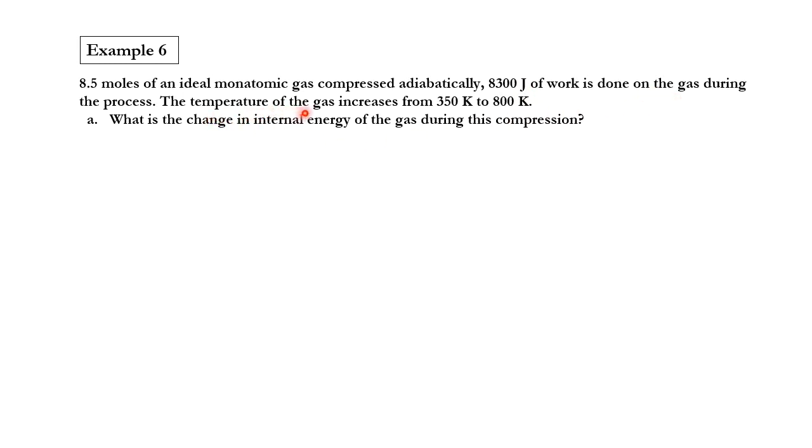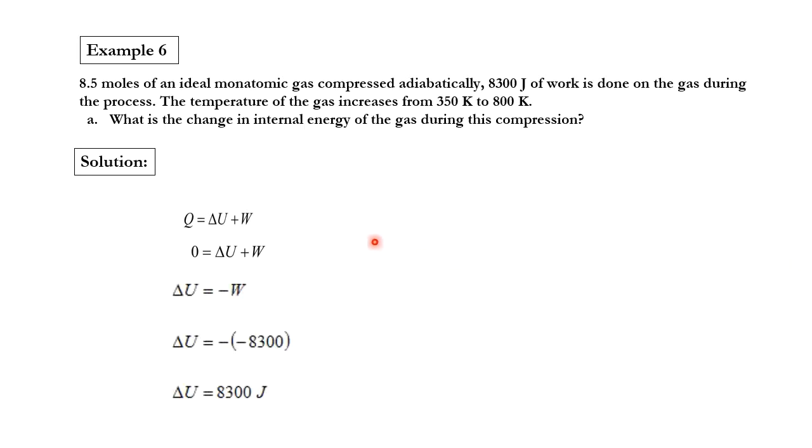The temperature of the gas increases from 350 Kelvin to 800 Kelvin. The first question is, what is the change in internal energy of the gas during this compression? We apply the first law of thermodynamics and we have delta U equals negative W.